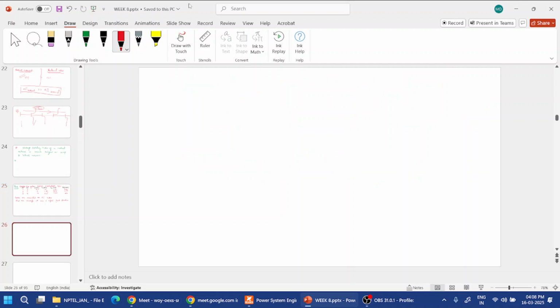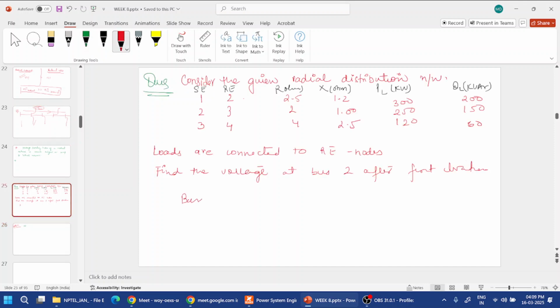So I will solve it for you. The base voltage in the question is given as 11 kV, and the base VA is given as 1 MVA.